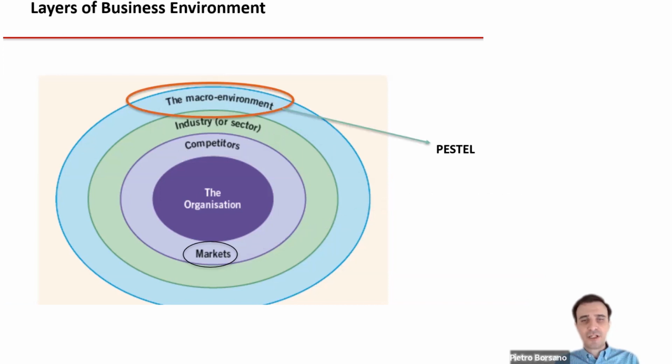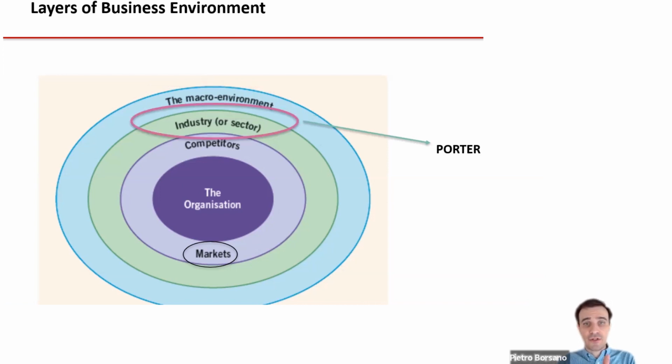The framework which we're going to study today, the PESTEL analysis, helps us to analyze the macro environment. And I would like to differentiate it from the industry analysis. The industry analysis is a way to assess how attractive an industry is.